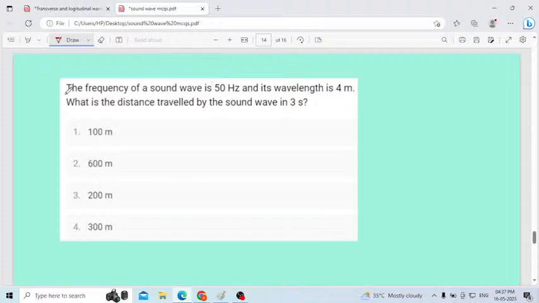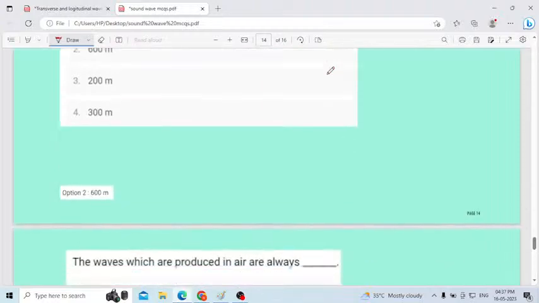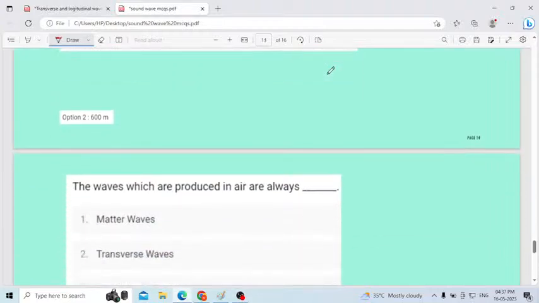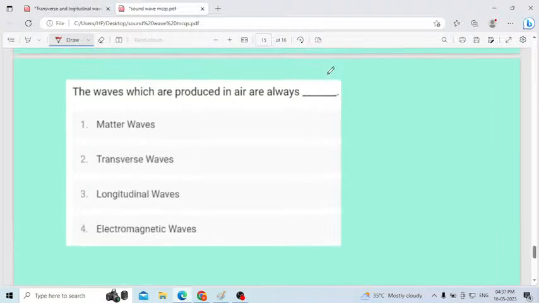They are given the frequency, 50 hertz, and the wavelength, 4 meters. What is the distance traveled in 3 seconds? Solve the problem and you will get 600 meters. Solve at least one problem as homework. If you are not able to solve it, I will solve it in the next class.